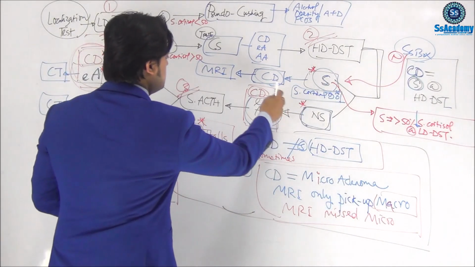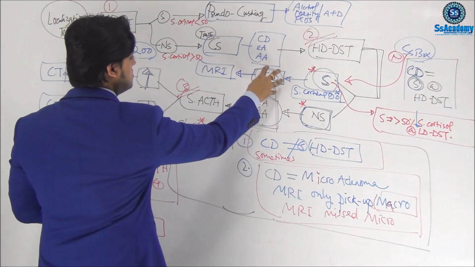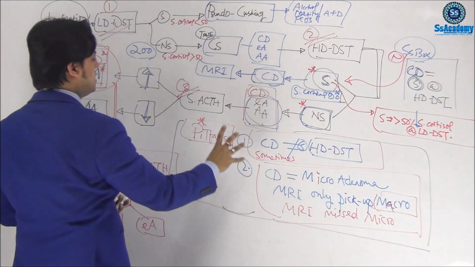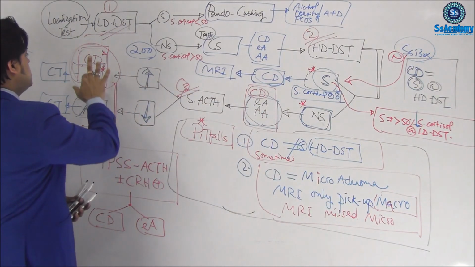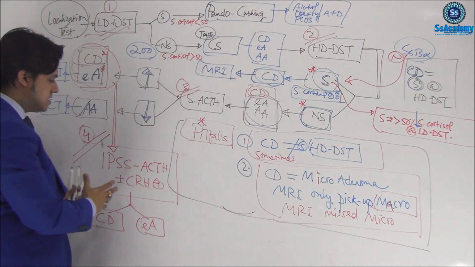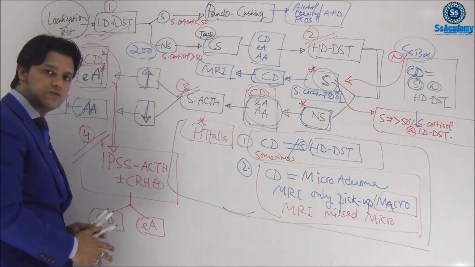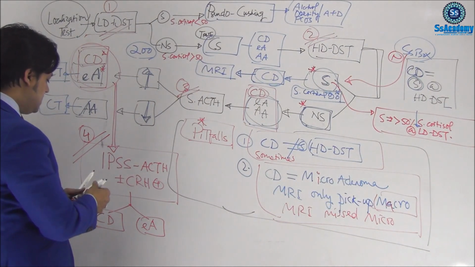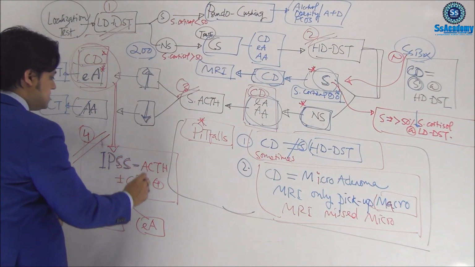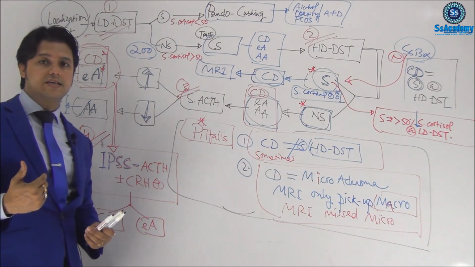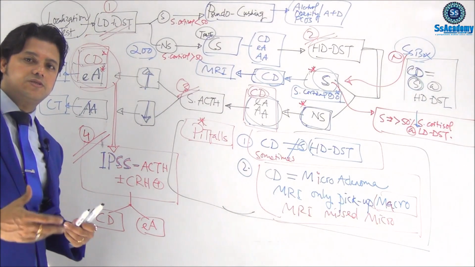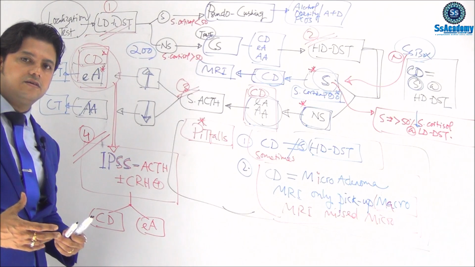So once again, if you got suppression, of course the diagnosis is CD, but you see the pitfalls. Sometimes they don't suppress, so the test here is serum ACTH. High means CD and EA, and the differentiating test is IPSS sampling for ACTH with or without CRH stimulation test. Inferior petrosal sinus sampling for ACTH is a very invasive test and can be done only by super specialized persons.